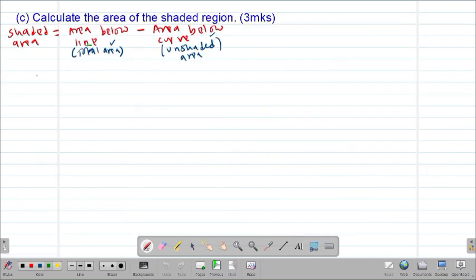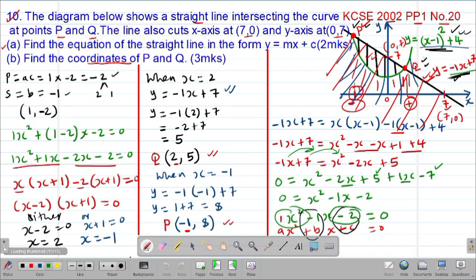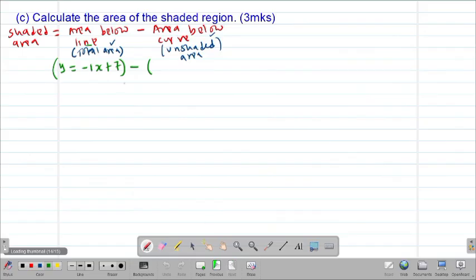Then we are going to subtract the equation of the curve, which was given as y equals (x minus 1) squared plus 4. So this was the equation of the curve.